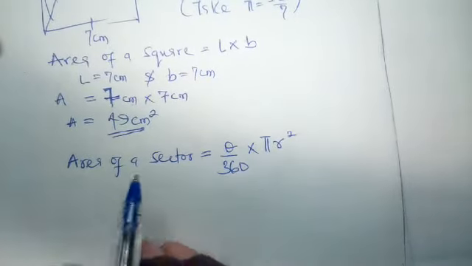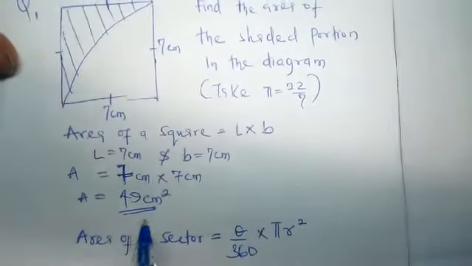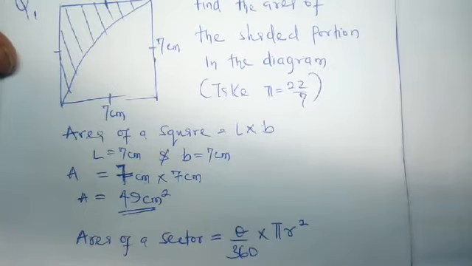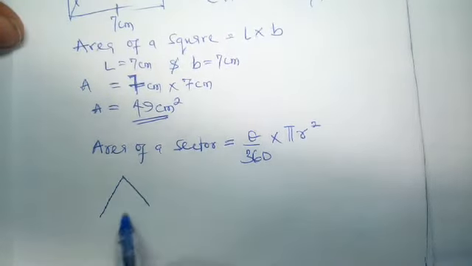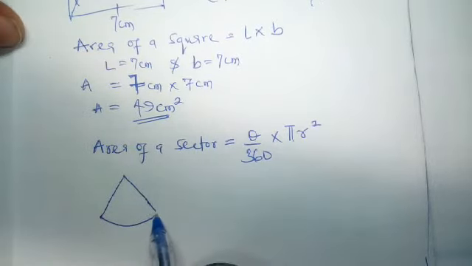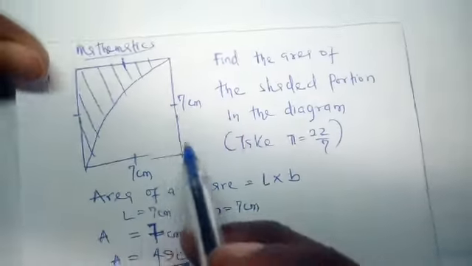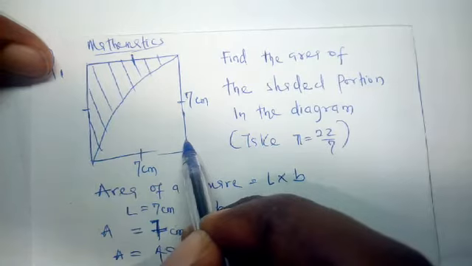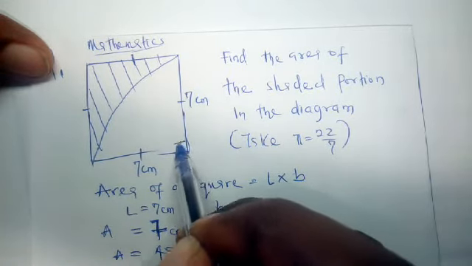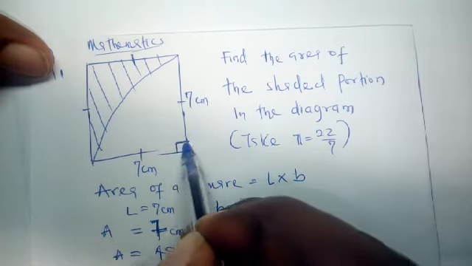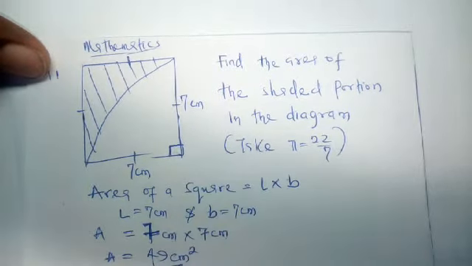Alright, now from the above diagram here, let us draft out the sector. The sector is like this. Now when you look at this diagram, you would see that this angle is a perpendicular angle, and a perpendicular angle is having 90 degrees. So our angle here is 90 degrees.